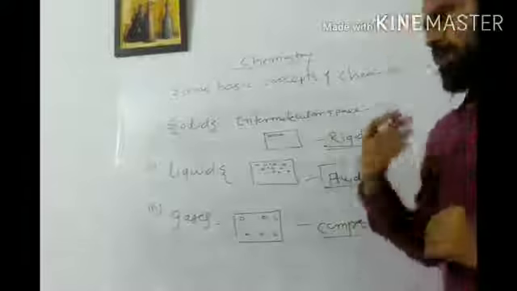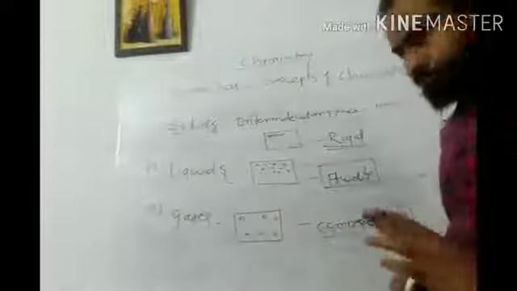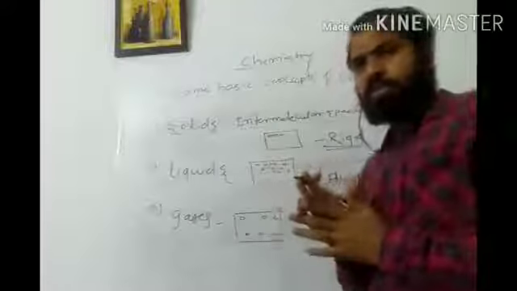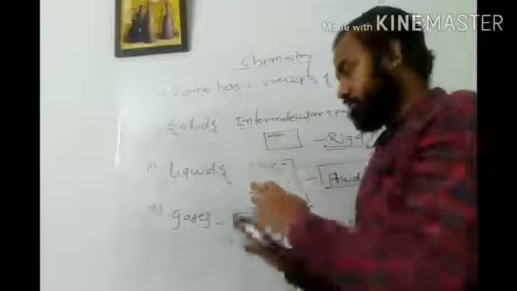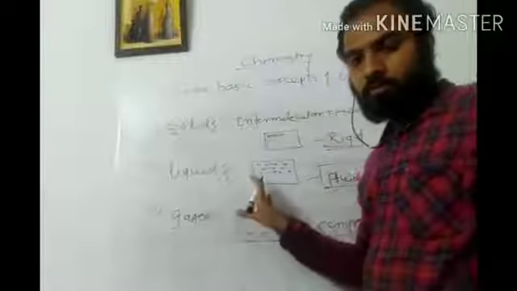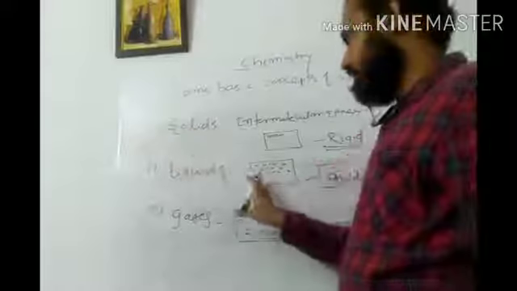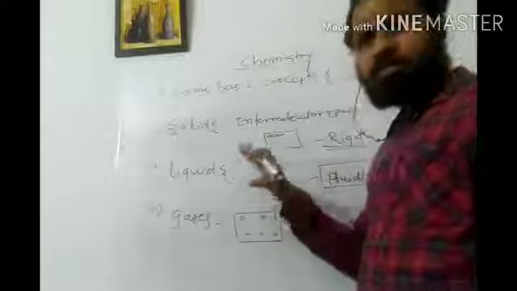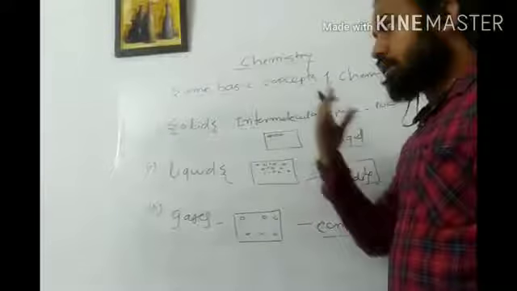Now what about the second, liquids? In liquids, there is a space between the molecules, and intermolecular space is somewhat more compared to solids. Hence the intermolecular force of attraction in liquids is low, or we can say there is less intermolecular force of attraction compared to solids.